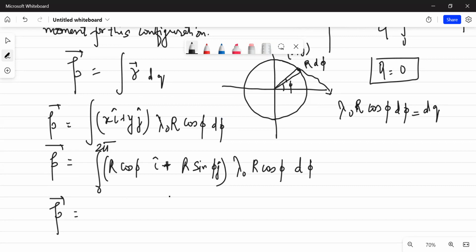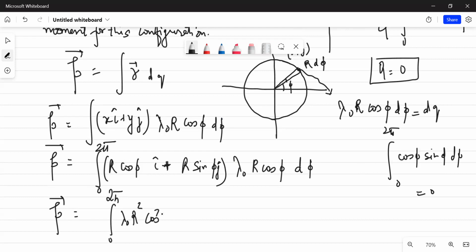Yes, sir. So now understand that the integral of cos phi d phi over the entire 0 to 2 pi would give you 0. This is quite easy to see. I'm leaving it as your homework: you divide by 2, multiply by 2, and this would be sin 2 pi. The only non-zero term would be in the i cap direction. So integration from 0 to 2 pi, you'll get lambda naught r square cos square phi d phi, with i cap.